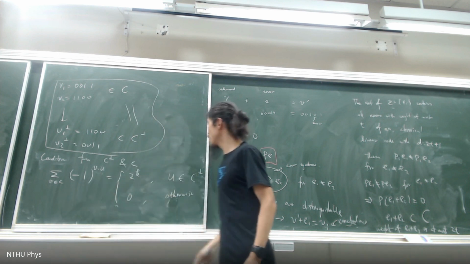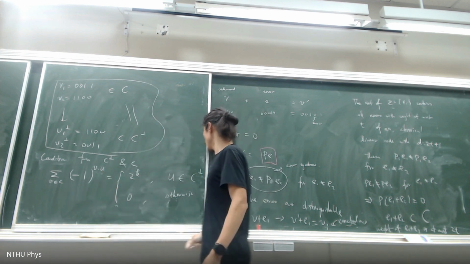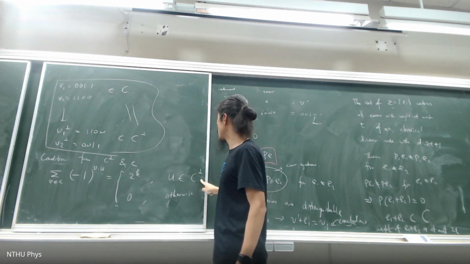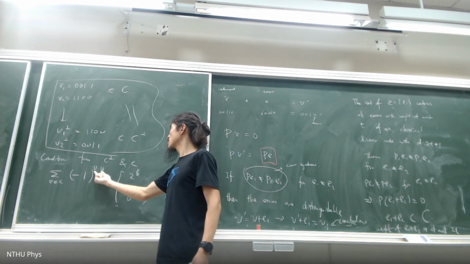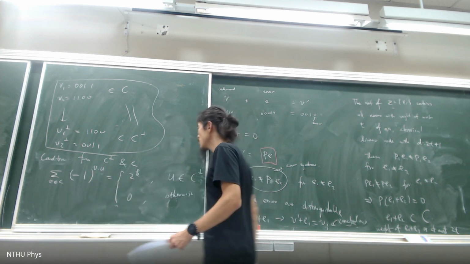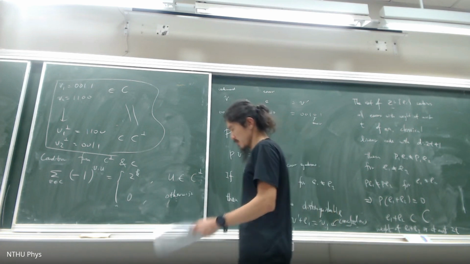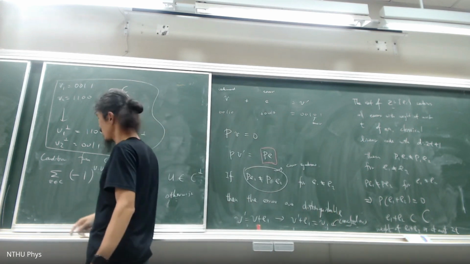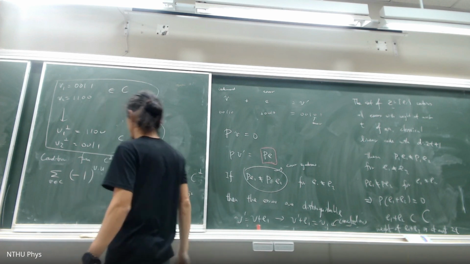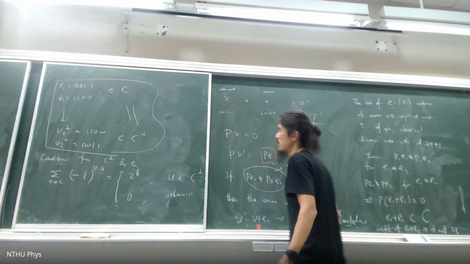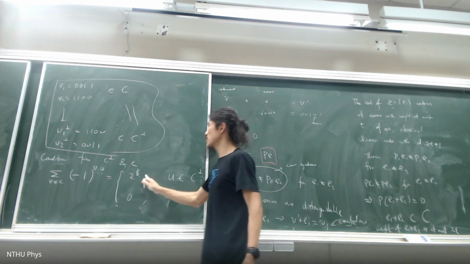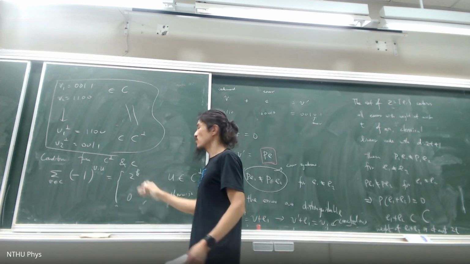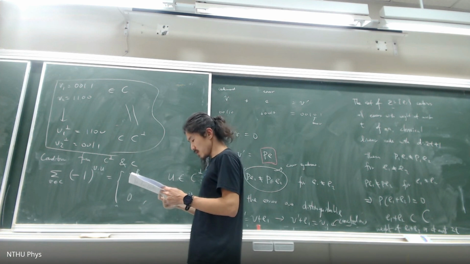So if U belongs to C perpendicular, then we know this must be orthogonal. If it's orthogonal, the inner product is 0, so it will be plus 1. How many plus 1? 2 to the power k. So we get the first thing.